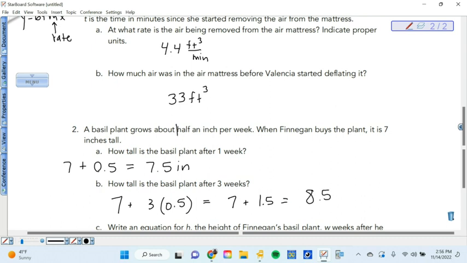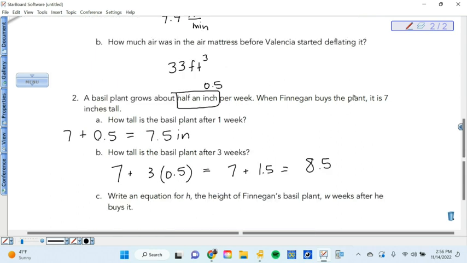It grows half an inch a week. So not 7 times. It starts out at 7 inches, and then after 3 weeks. Okay.